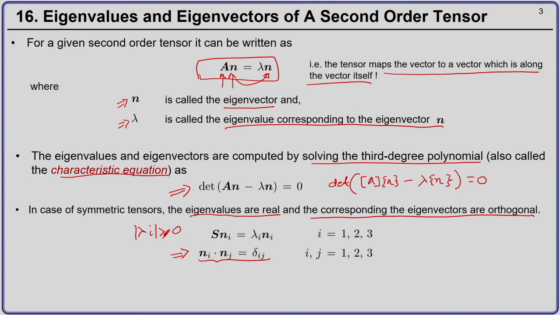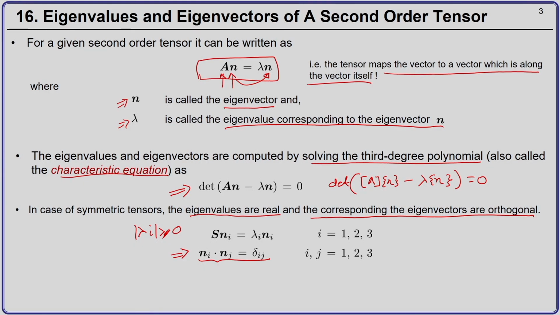This means if i is equal to j, n1 dot n1 will be equal to 1, because the eigenvectors are orthonormal, and n1 dot n2, for example, will be equal to 0, because the eigenvectors are orthogonal.